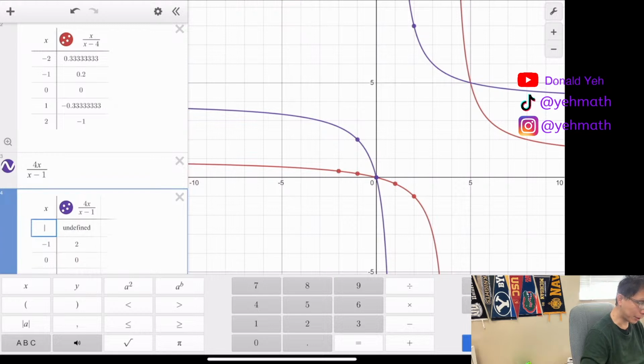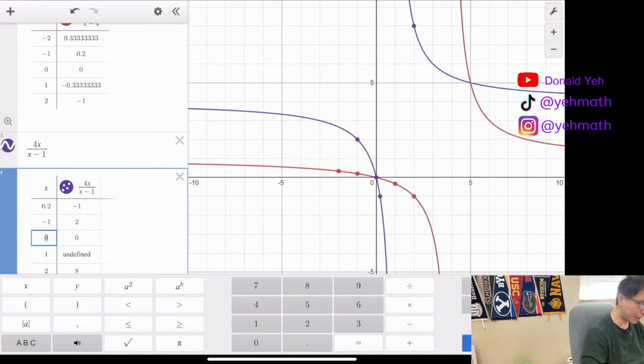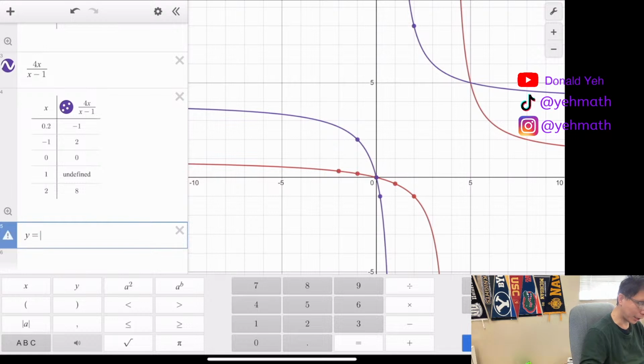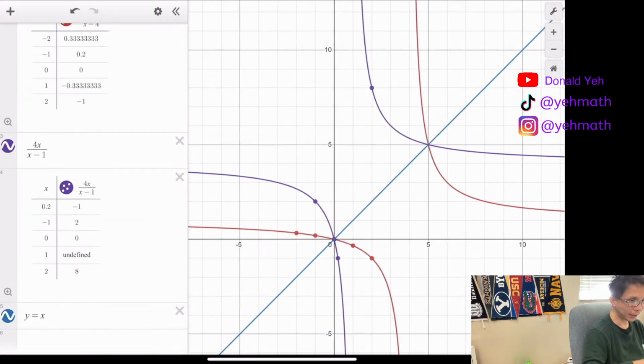So what I'm gonna do is type in 0.2. What am I gonna get? Do you see that? If I type in -1, I got 2. The coordinate is completely swapped. And not only that, you should have a symmetry line y equals x.